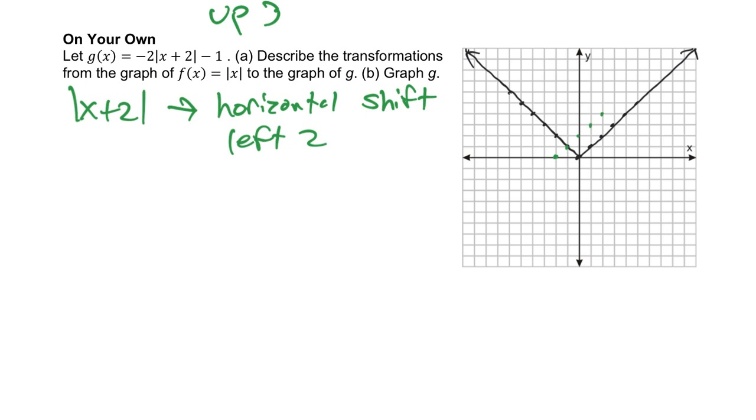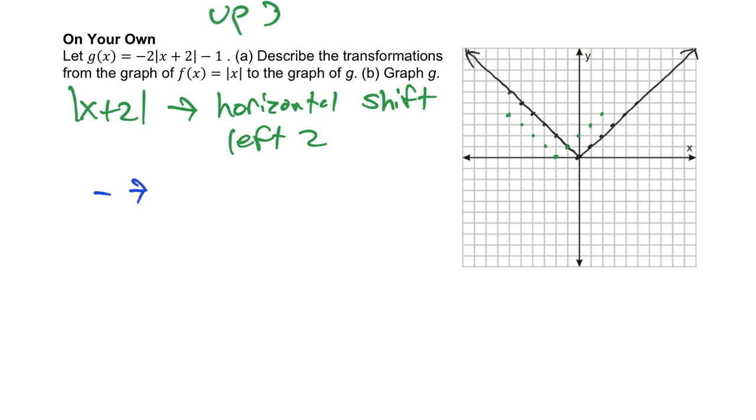So I'm just going to put some green points here. So that's my first transformation. Then I look at the A value. First of all, the negative. You can do the negative first or you can do the 2 first. The negative, I'm going to change colors here.